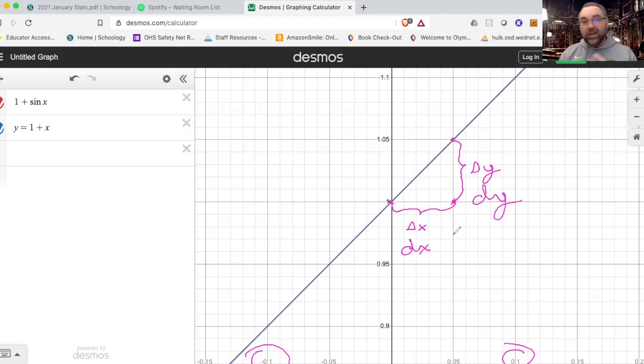As long as we're sticking close, as long as delta x or dx is pretty small, you can use the tangent line instead of using the curve. And that was the whole point behind what Newton and Leibniz were trying to do, because they were, again, living in a world without any sort of calculation machine, whether it be a slide rule or a calculator or even a computer. So that's what they did.